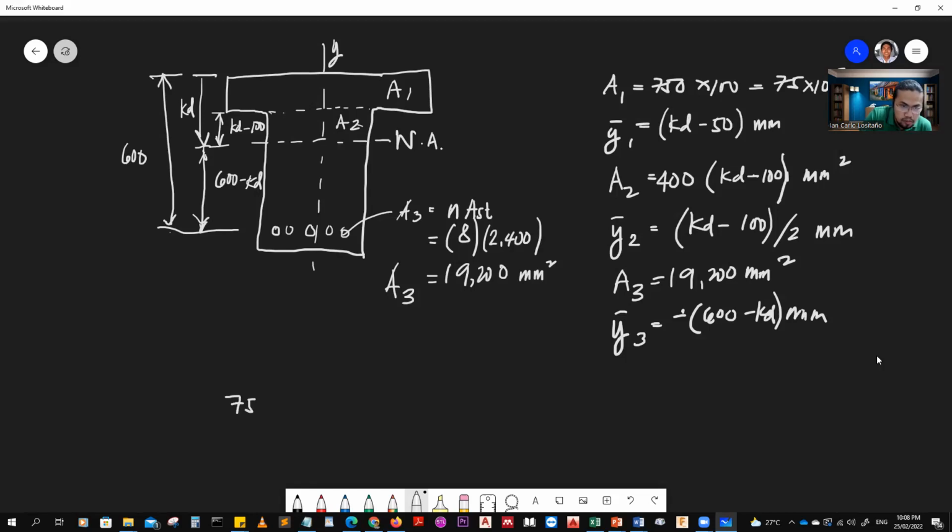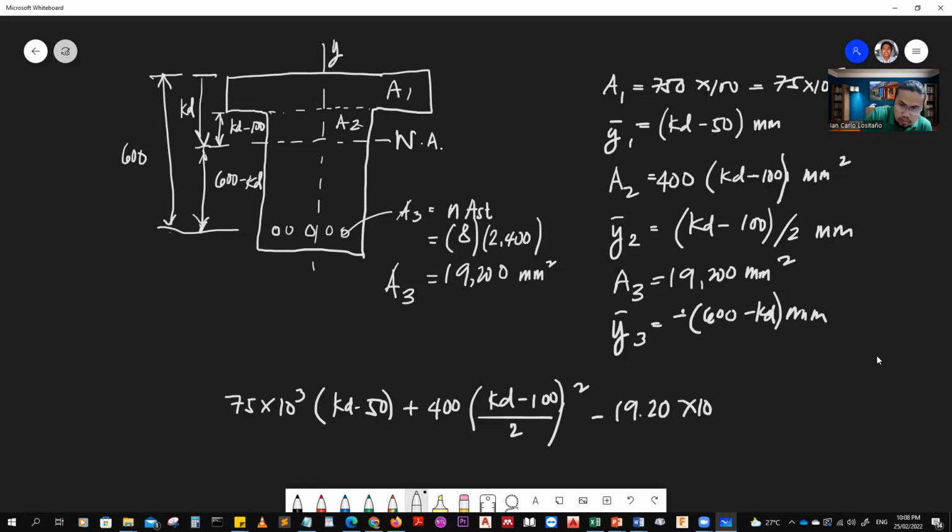Okay, it's going to be 75 times 10 to the 3 times 80 minus 50. Let's just set up the equation. Plus 400 times kd minus 100 over 2 squared minus 19.20 times 10 to the 3 times 600 minus kd.